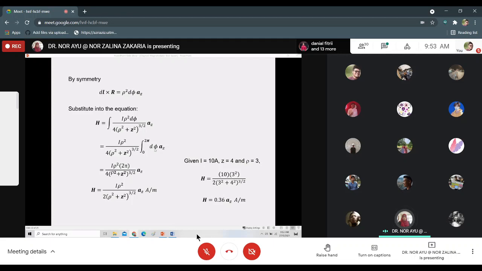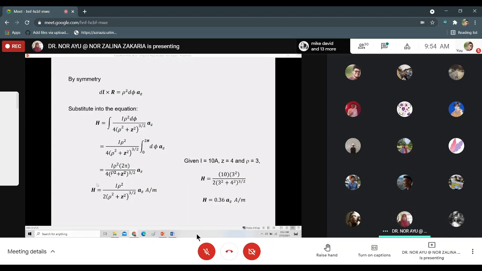Okay, boleh? So I rho squared divided by 4 pi rho squared plus z squared cube. Okay, and then you integrate dv. So dv is 0 until 2 pi.